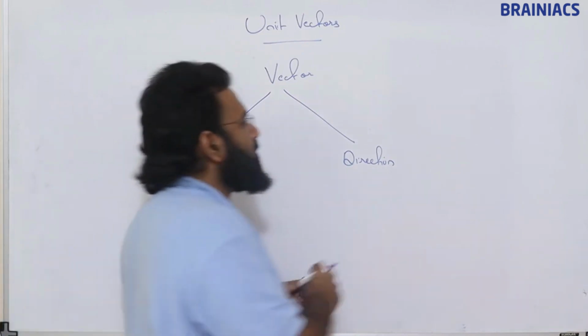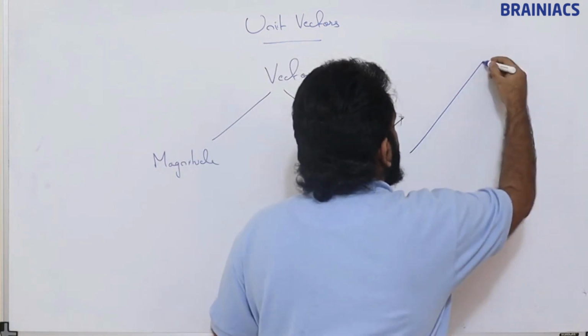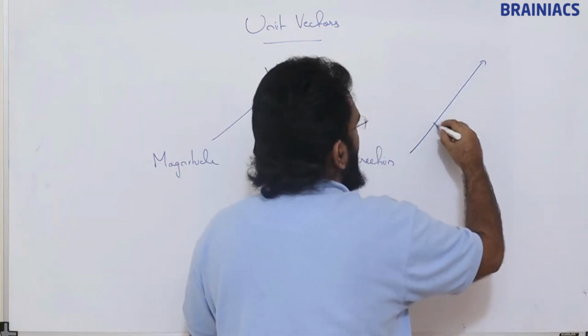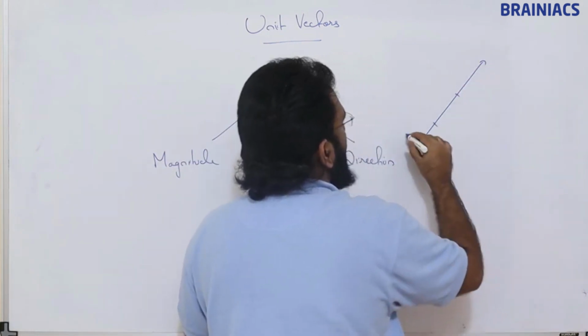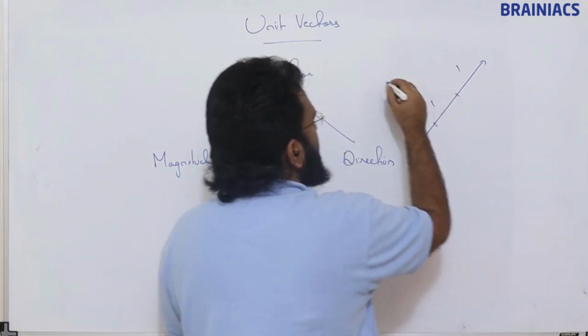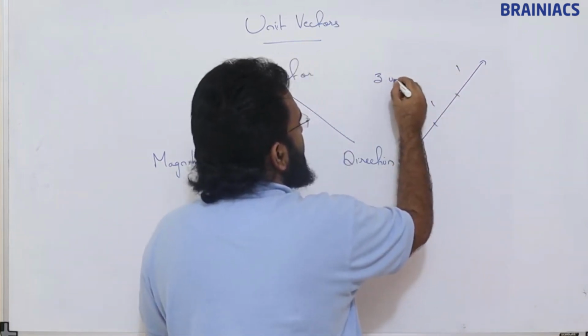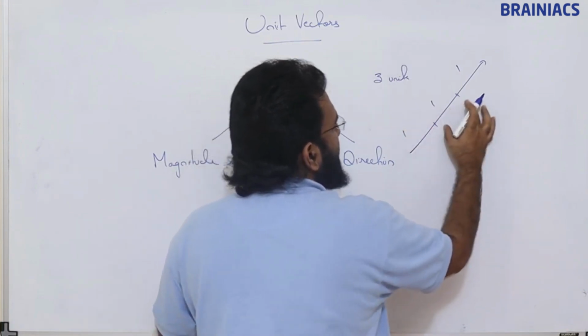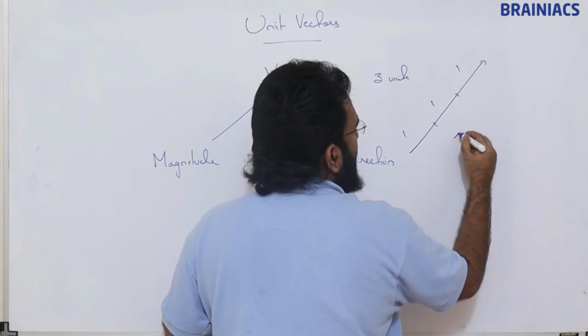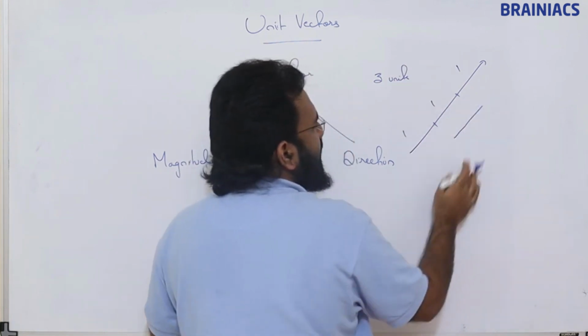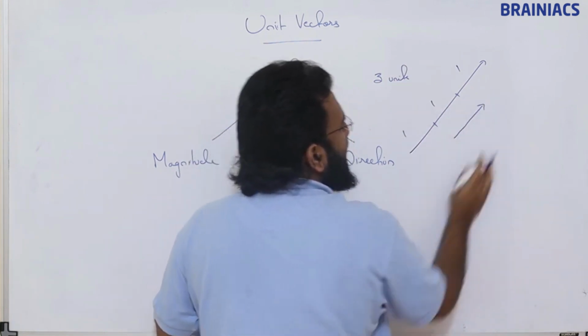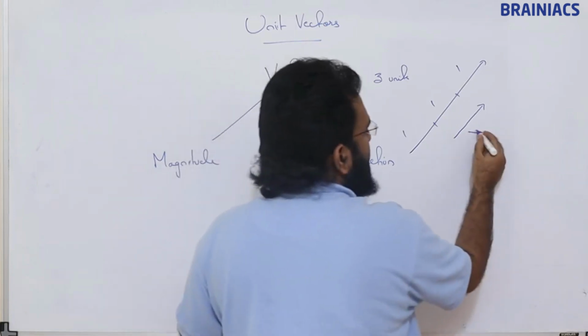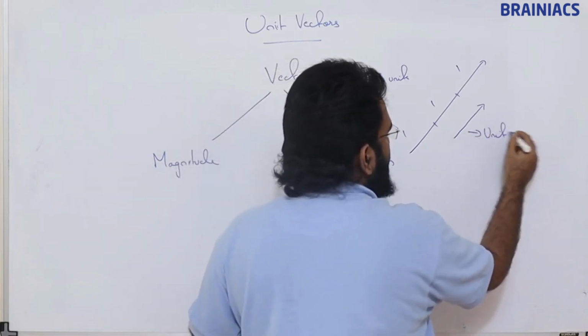Suppose a vector is this: 1, 2, 3. So this vector is of 3 units. If we take this part alone, its magnitude is 1, and we have taken the direction. This is what is actually a unit vector.